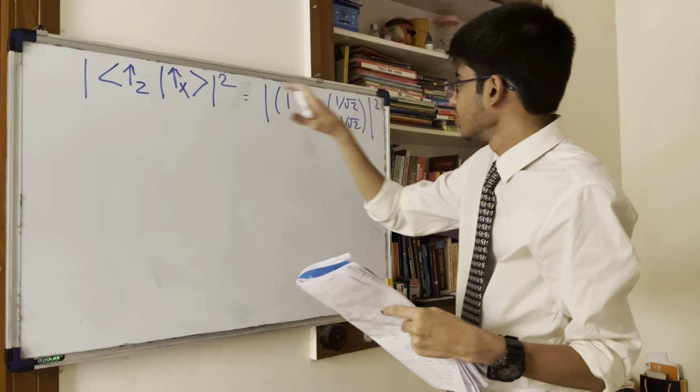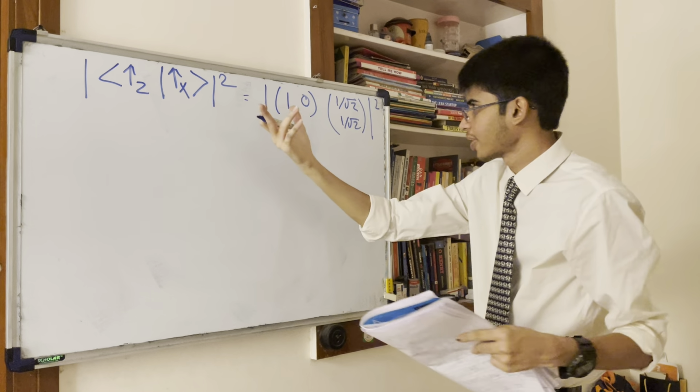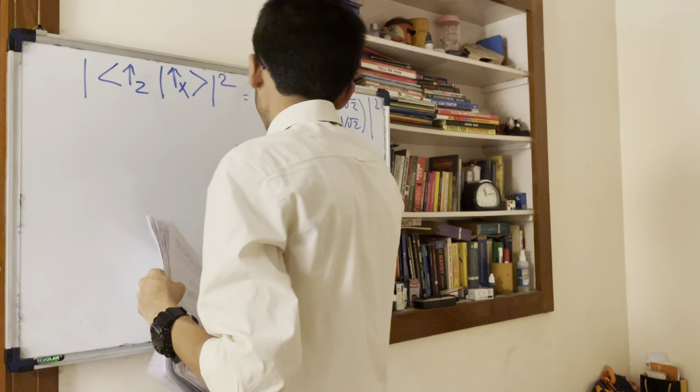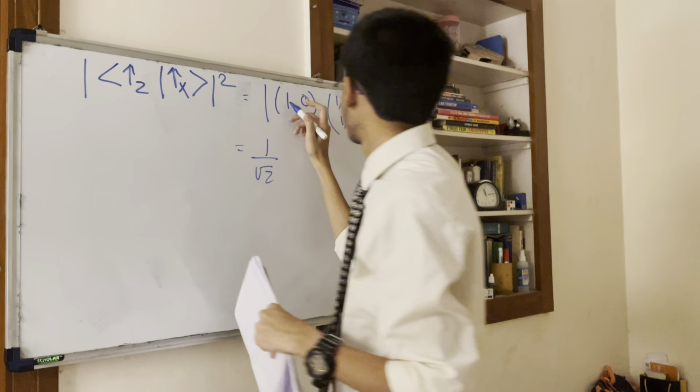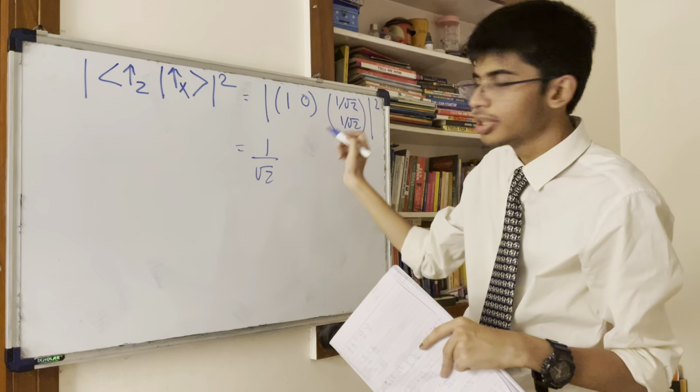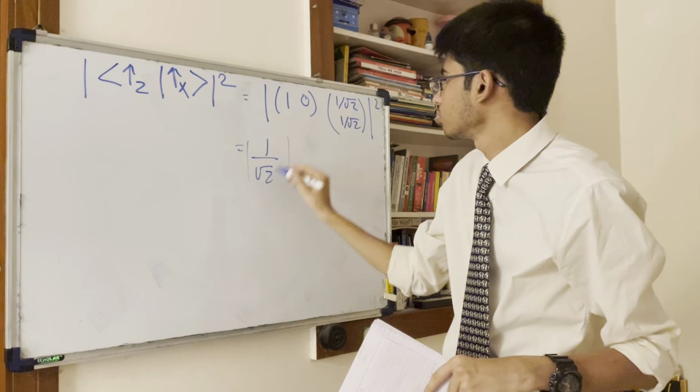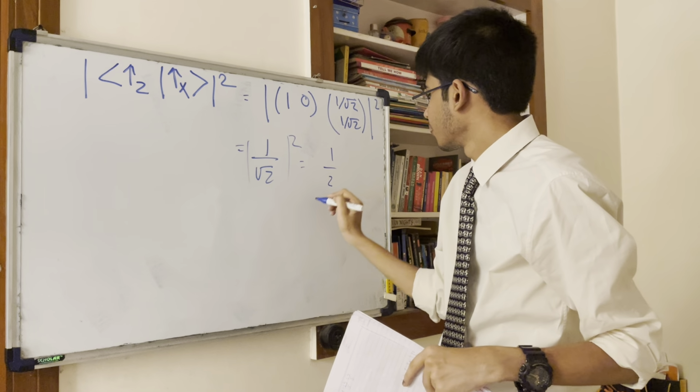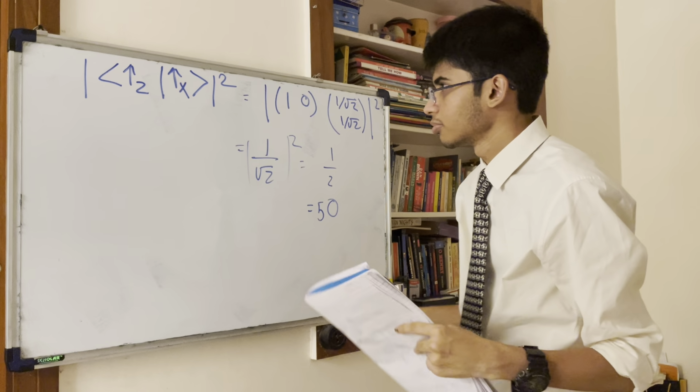We take this and we square it because we're going to find the absolute value. So we'll get 1 by root 2, because the first one multiplies into this, second one into this, so it's 1 by root 2 squared. So this is 50%, right?